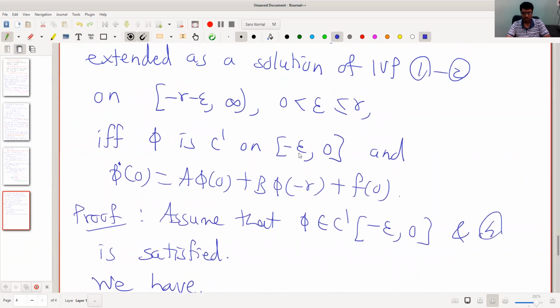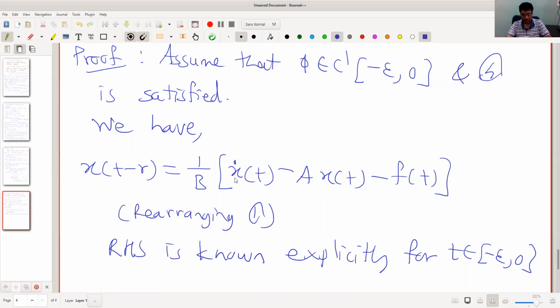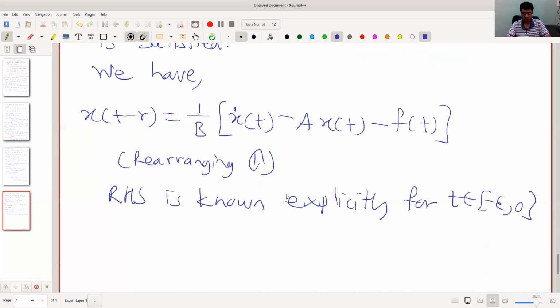We assume that this phi is continuously differentiable, so no harm, we can differentiate x and so on. So the left hand side is also known explicitly for t in minus epsilon to 0, but the left hand side is x of t minus r. If we put s equal to t minus r, then t belongs to minus epsilon to 0 implies s belongs to minus r minus epsilon to minus r.